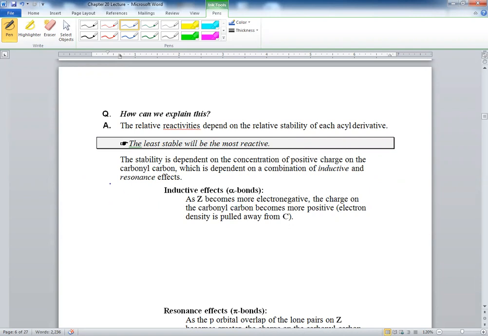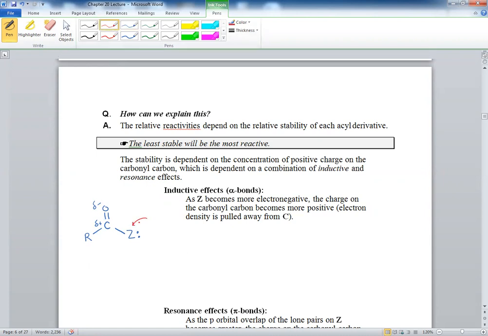So let's take a look. If we have Z right here, that's an R group, we know we will have a delta positive, and we know we have a delta negative on oxygen. Let's begin with the inductive effect.